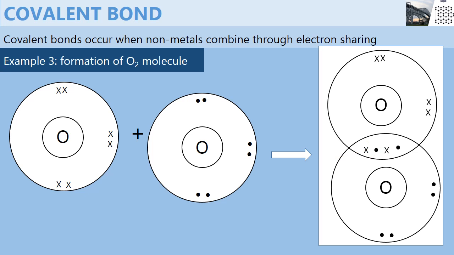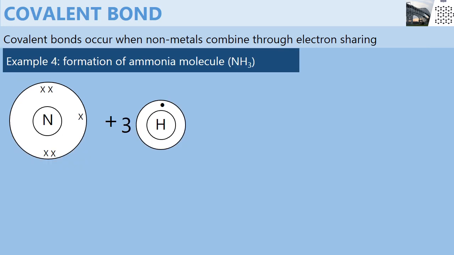Now, in order to represent this, we use 2 lines, each line representing a covalent bond. Again, we could use the dots and crosses between the symbols of the elements. For the next example, we can call it example 4.